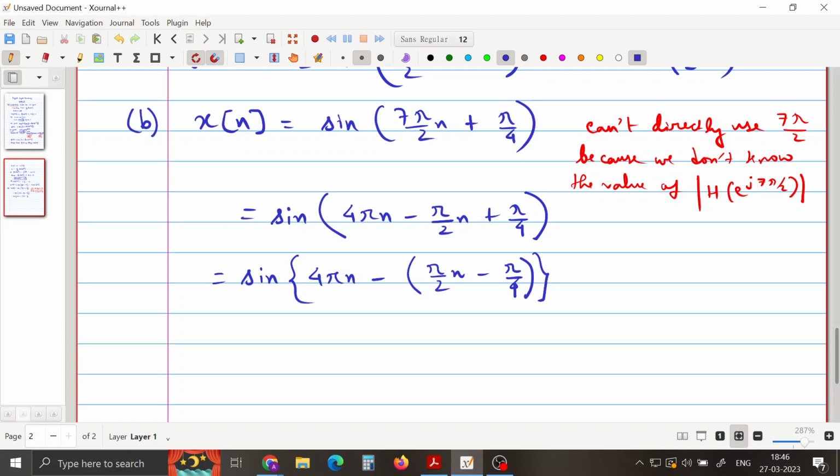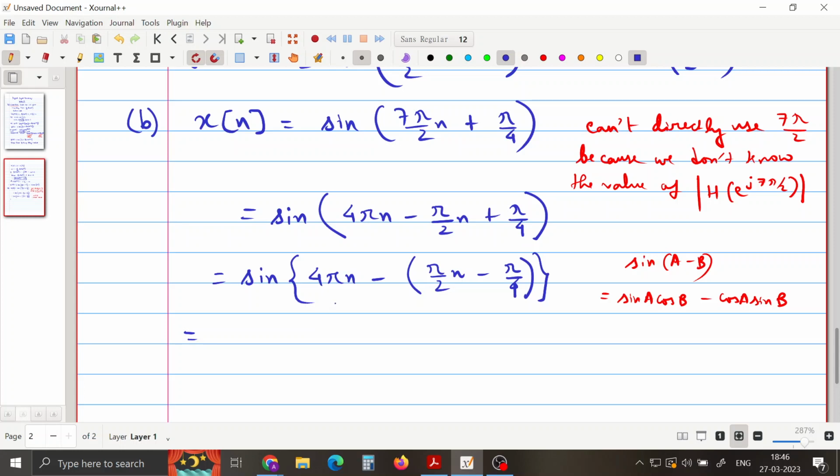So this can be written. Now you can use this sin A minus B formula. So that is sin A cos B minus cos A sin B. Okay. So if you do that, first term is sin A cos B. So sin 4 pi n times cos of this pi by 2n minus pi by 4.